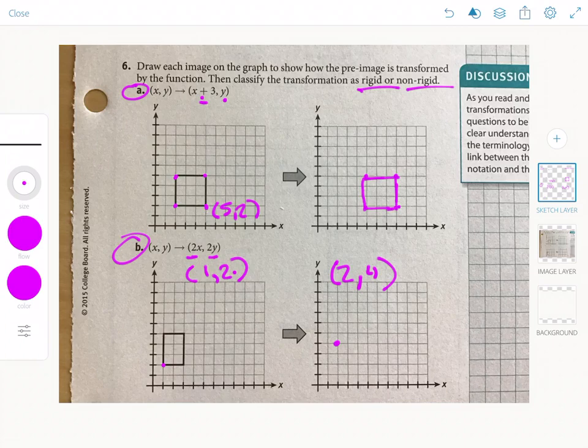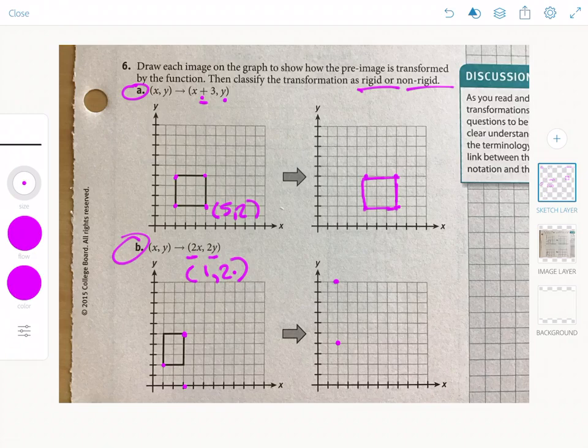And same thing here for this point up top. It was 1, 5, now multiplied by 2, and it is 2, 10. And it's up here, going to overlap on my point here. So let's get that out of there. Here and here. And then this point is 3, 5.